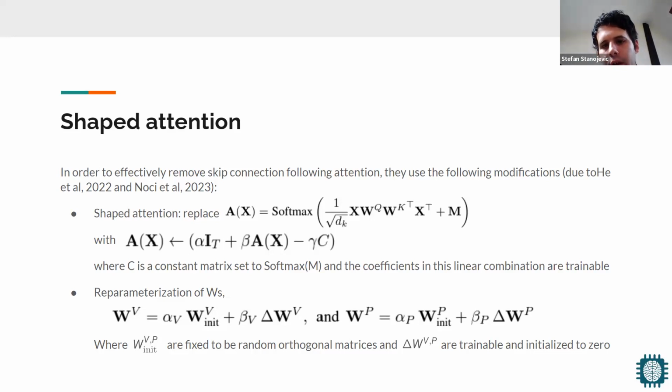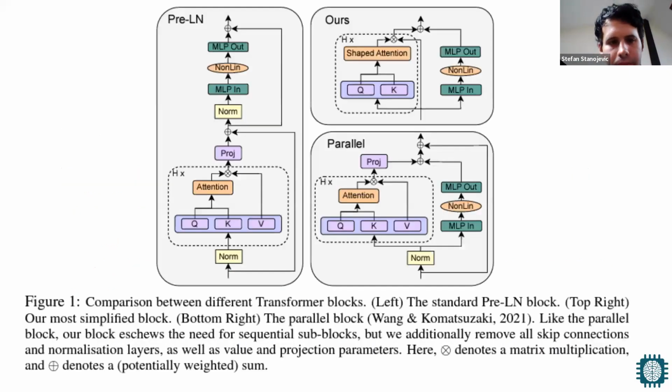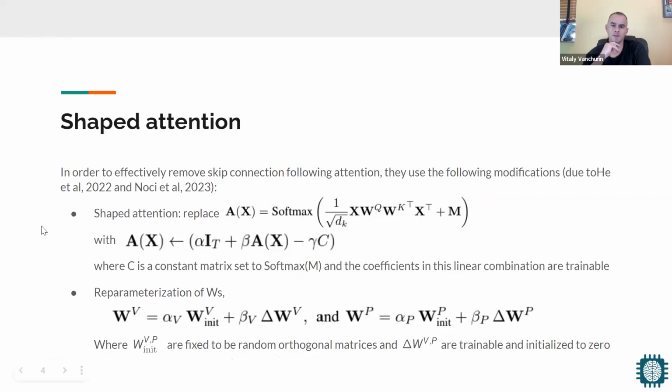And WP, if you remember this proj element here, that's WP. Okay, in order to see that those can be removed, they do the following. They reparameterize the W's in this way. They replace WV, which is trainable, by this combination of WV initial, which is non-trainable, and delta V, which will be trainable.